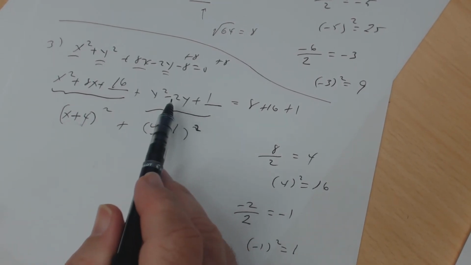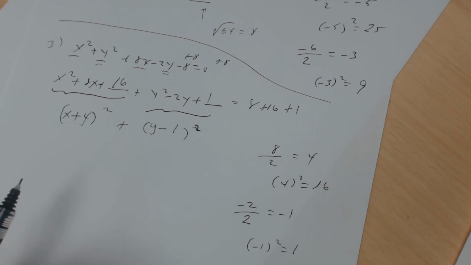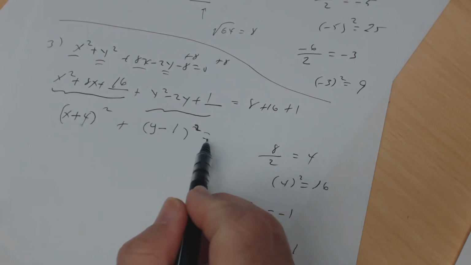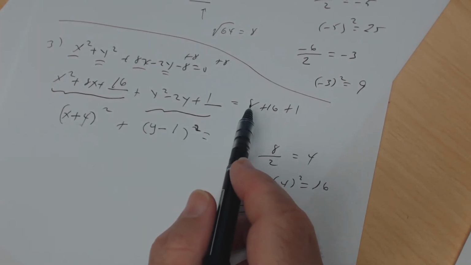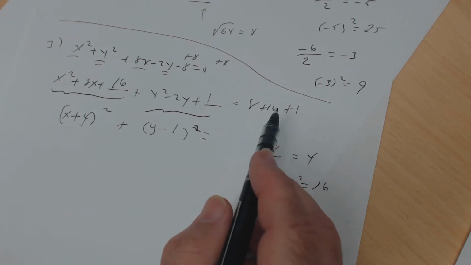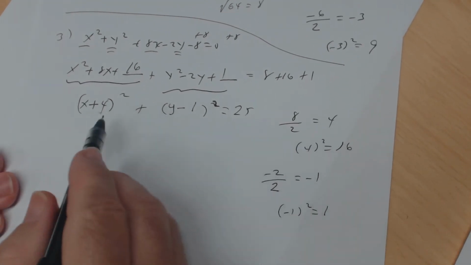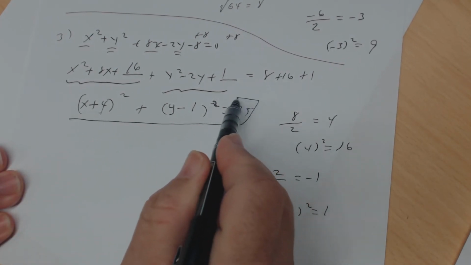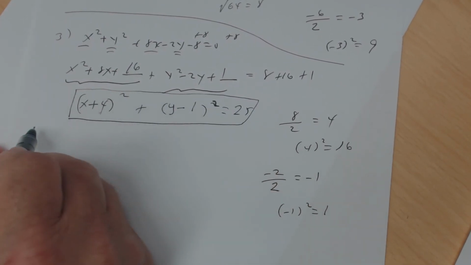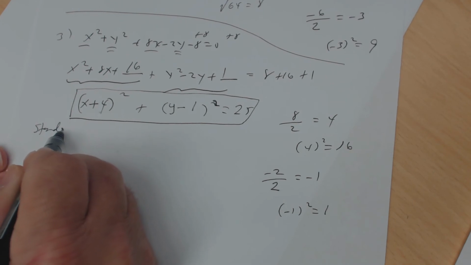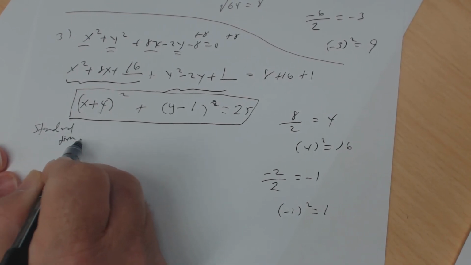It's 1. And remember, the sign of the middle term is negative, so this has to be negative. And then that's going to equal 8 plus 1 is 9, 9 plus 16 is 25. All right, so there's your standard form of the equation of a circle. So that's what you would put in the blank.